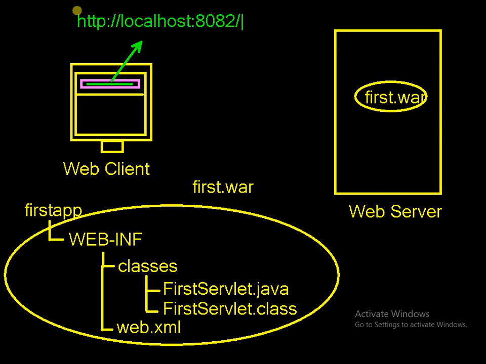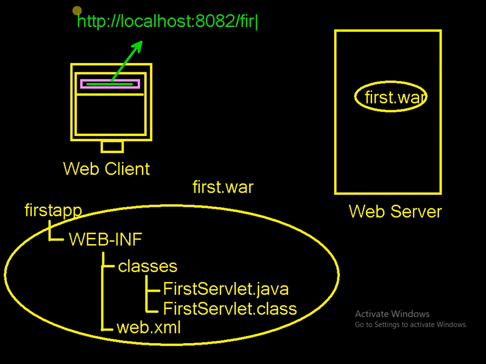By default, most servers' port number is 8080. In my system, Oracle server is installed, JBoss server, nothing but WildFly server, is also installed, and Tomcat server is also installed. All servers would have the same port number. That is the reason I changed the Tomcat server port number to 8082. That is the reason I am using 8082.